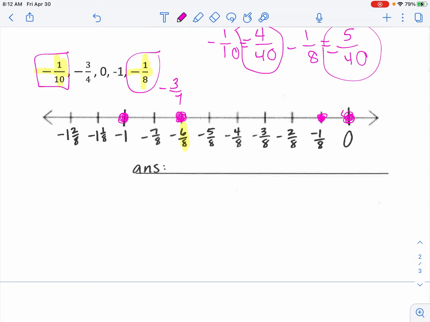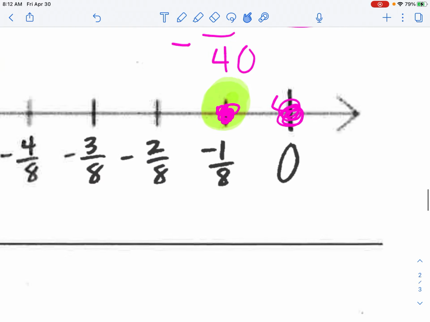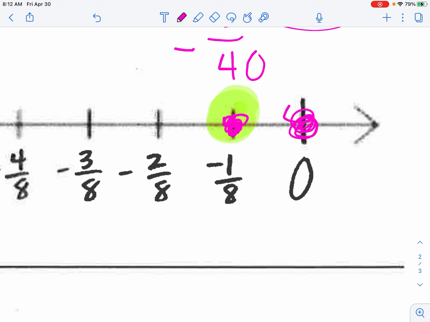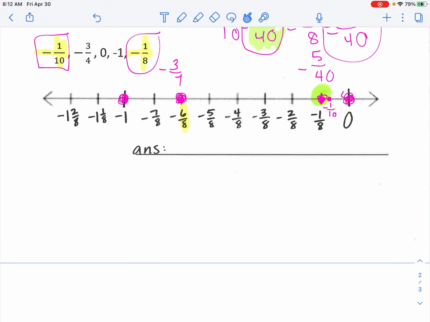Now I know that negative 1/8 is equivalent to negative 5/40, and negative 1/10 is equivalent to negative 4/40, so that would go just to the right of negative 1/8. I'm going to zoom in here for a second and put another point right here. That would be my negative 1/10. So you can find a common denominator to help figure out where your numbers would go.